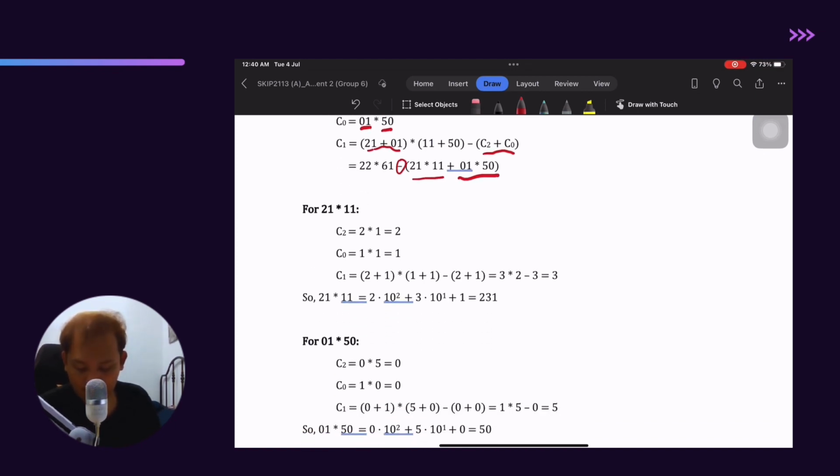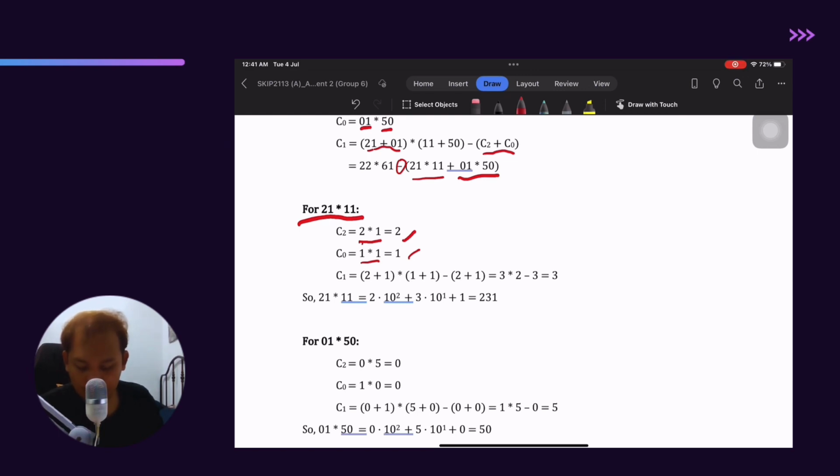Next, for 21 times 11, same goes, we use the algorithm for C2, C0 and C1. For C2, 2 times 1 gives 2, and for C0, 1 times 1 gives 1.